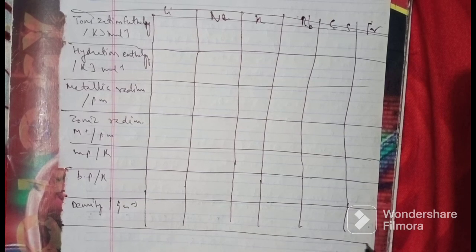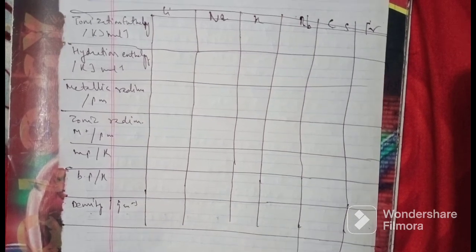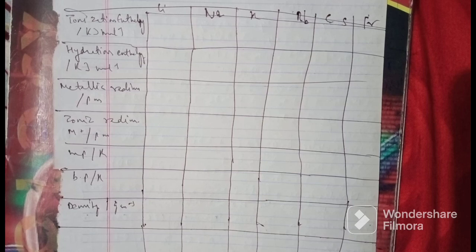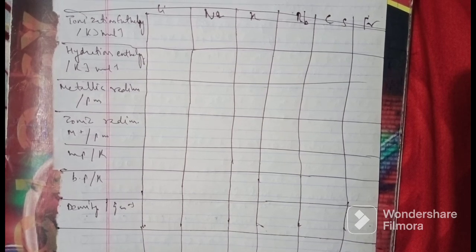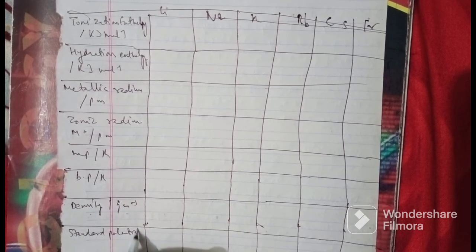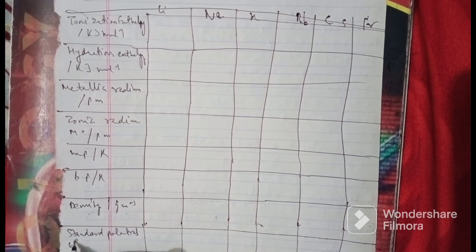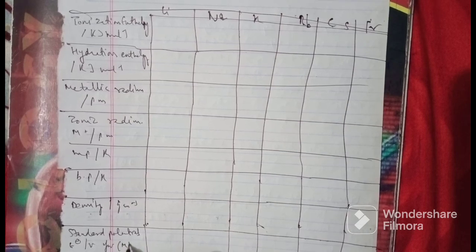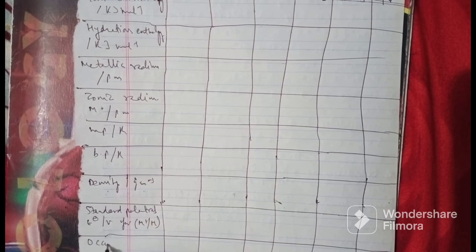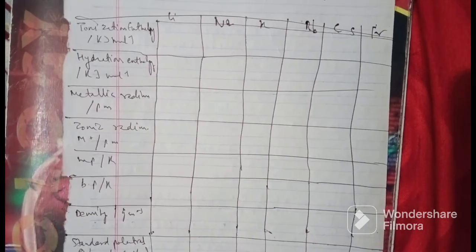Then we have standard potentials, in volts for M plus by M. And another we have is occurrence in the lithosphere. Now we discuss one by one all these properties here.